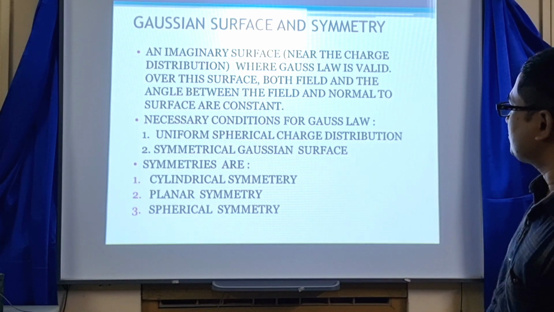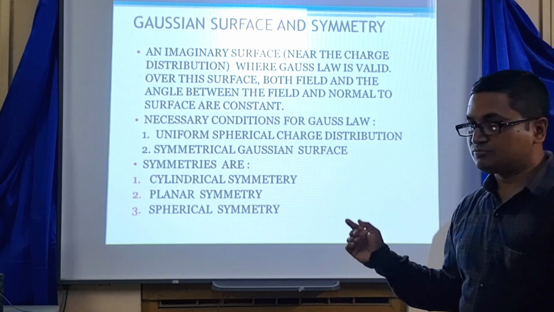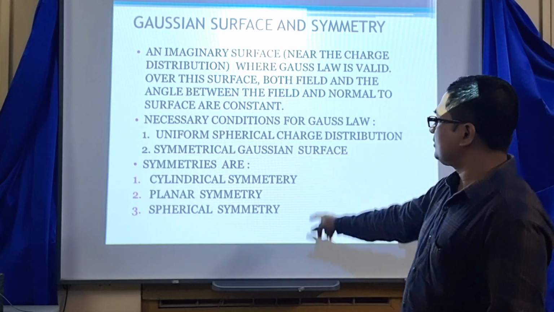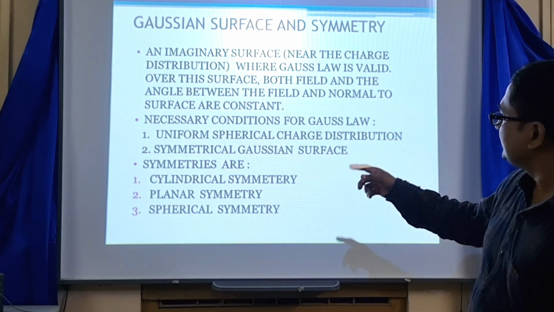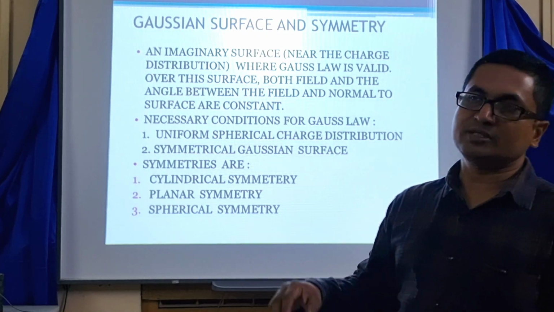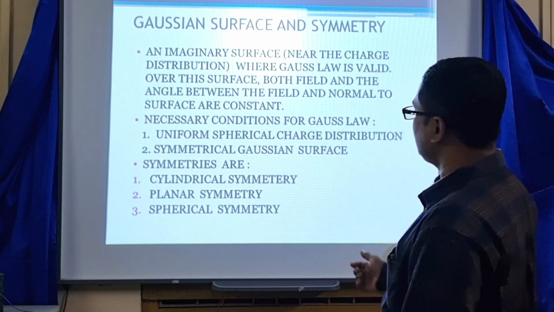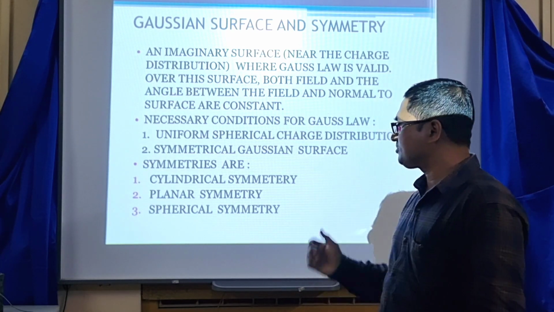So there are necessary conditions for Gauss law. The first one is a uniformly charged spherical charge distribution. The second one is a symmetrical Gaussian surface, and these conditions must always be preserved in the Gaussian surface to apply Gauss law. The symmetries are cylindrical symmetry, planar symmetry, and spherical symmetry.